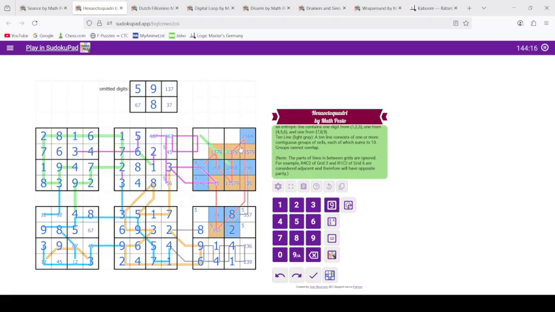Hmm. So we still have stuff to do with this line. This does not have a 9 on it. But there has to be a 9 in that grid. This can go anywhere over here.